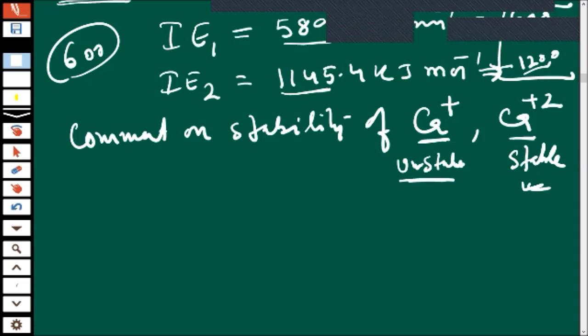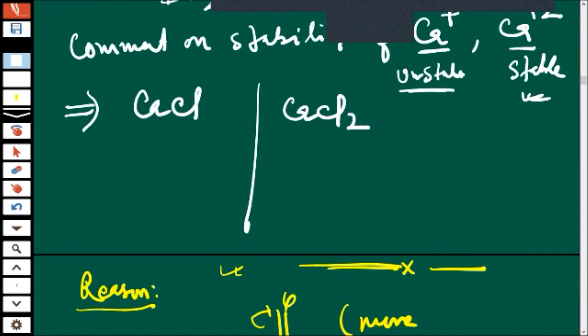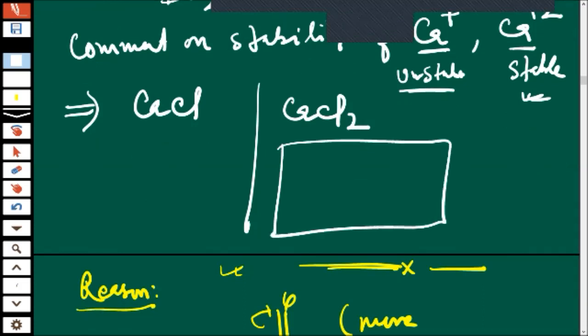Regarding this, a question can be put like this: CaCl and CaCl2, which one is stable? CaCl2. Yes, because CaCl2 is which kind of molecule, homo molecule or hetero molecule? Hetero.